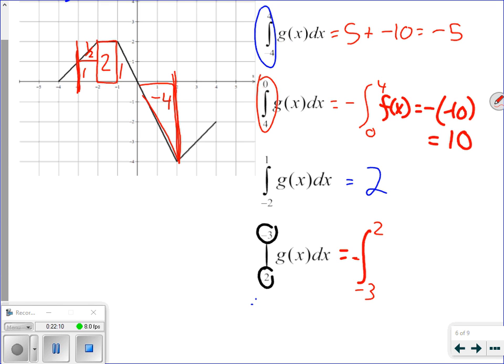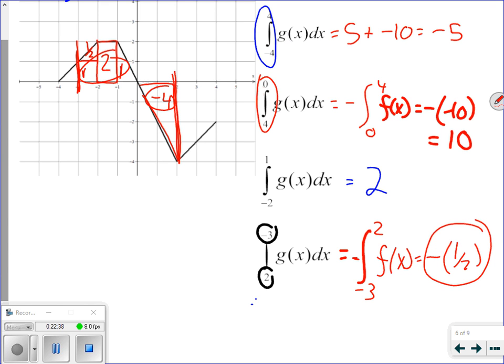So we'll add it all up and then negate it. So we got 1 and 1 and 2 and -4. Doing some mental math, the +4 and -4 cancel, so I'm left with a half. So negative of +1/2, which is the answer.